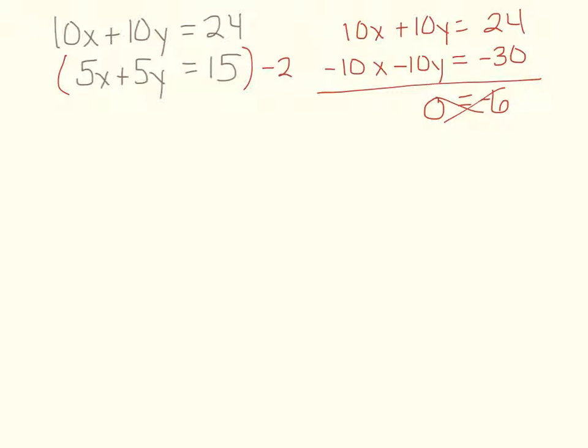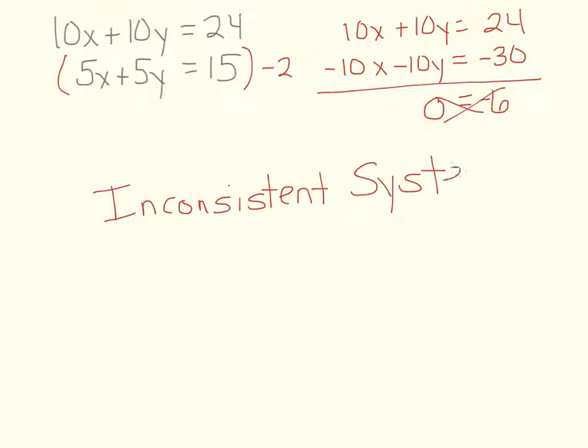That's impossible. 0 can't equal negative 6. And that's because it's an inconsistent system. And you can look at these and see that the slopes would both be -1, but the y-intercepts are different. So they are two different lines, but they're parallel lines. And there's no solution because parallel lines never touch.